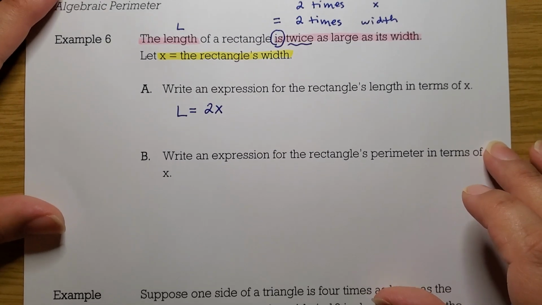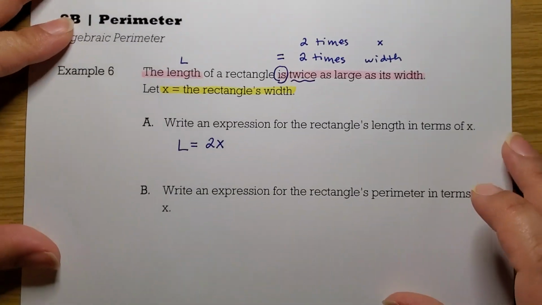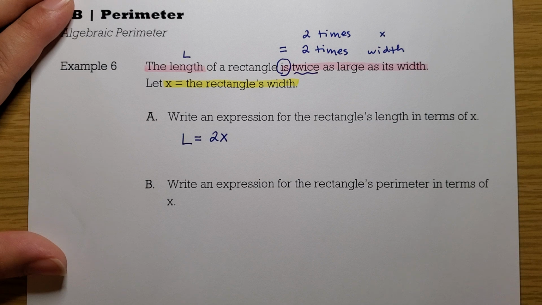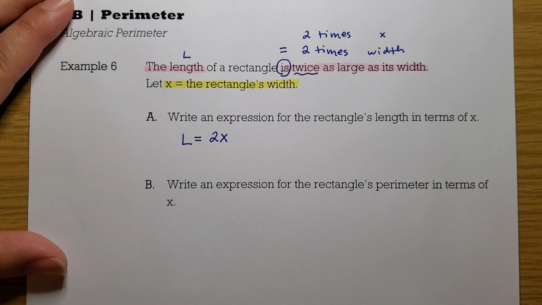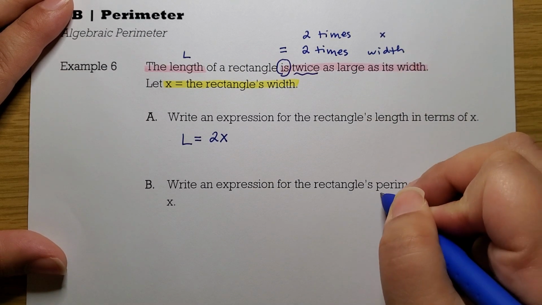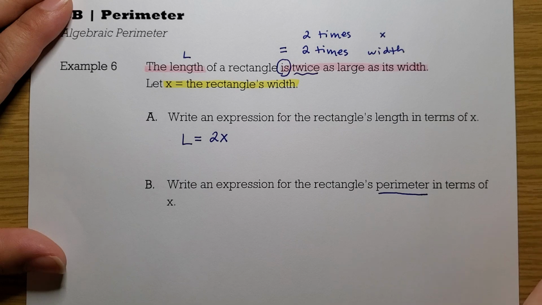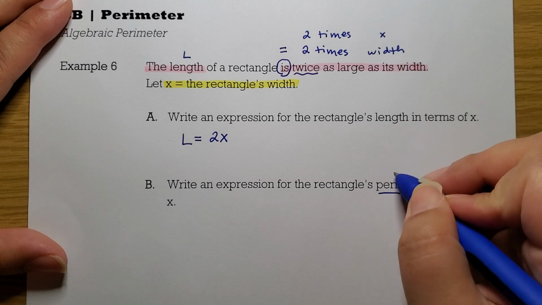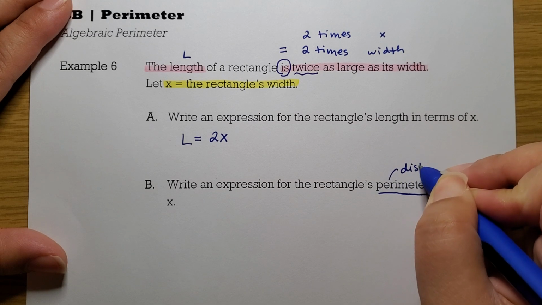And then part B says, I don't know why I keep wanting to push this up. For part B, it says, write an expression for the rectangle's perimeter in terms of x. Perimeter. So there are 2 ways that we can tackle this. I'm going to go with a very straightforward approach on this. Okay? So straightforward is perimeter means distance around.